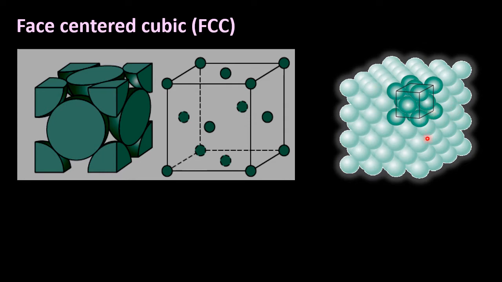So in the FCC crystal structure, each corner atom is shared among 8 unit cells. So each corner atom contributes 1/8 part to the unit cell, while the atoms at the faces, that is the face atoms, are shared among 2 unit cells.